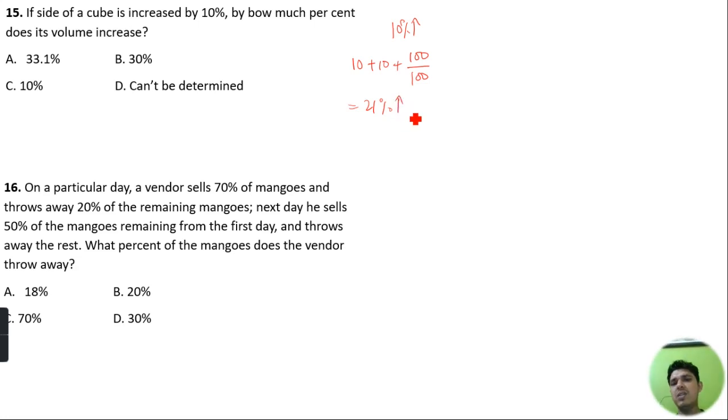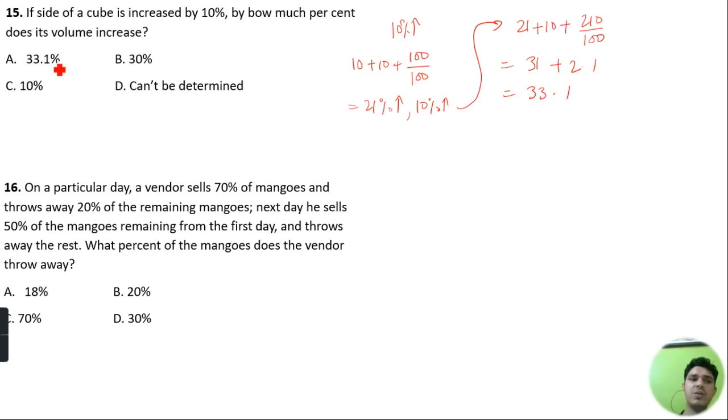And again use 21% increment with 10% increment, successive percentage change, this will be 21 plus 10 plus 210 divided by 100, so this will be 31 plus 2.1, this will be 33.1. So students, option number A will be the right option, right? Okay, next question 16.